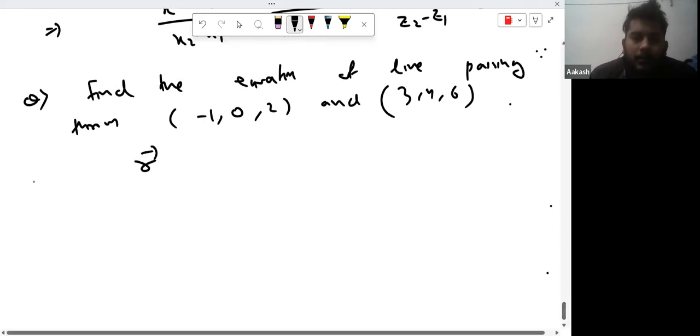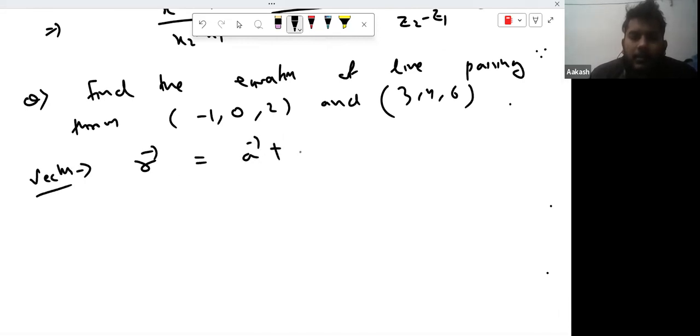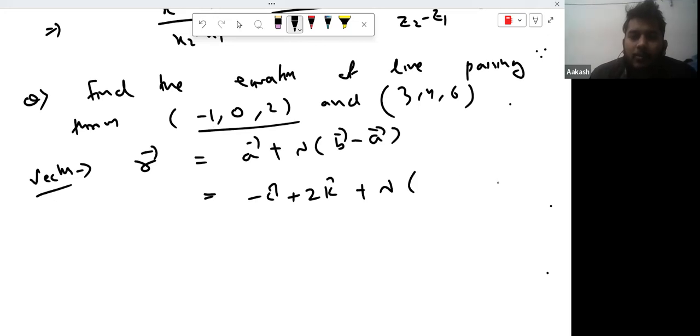So in vector form, r vector equals a vector plus lambda times (b minus a). Anyone can be a, anyone can be b. So let's take this as a vector: minus i cap plus 0 j cap, that is 0, plus 2k cap, plus lambda times (b minus a). So 3 minus (-1) is 4, 4 minus 0 is 4, 6 minus 2 is 4.